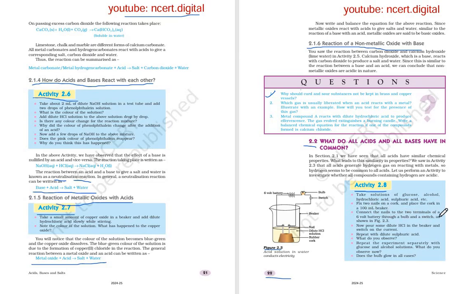Connect the nails to the 2 terminals of a 6-volt battery through a bulb and a switch, as shown in Figure 2.3. Now pour some dilute HCl in the beaker and switch on the current. Repeat with dilute sulfuric acid. What do you observe? Repeat the experiment separately with glucose and alcohol solutions. What do you observe now? Does the bulb glow in all cases?